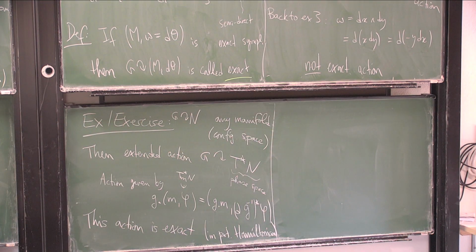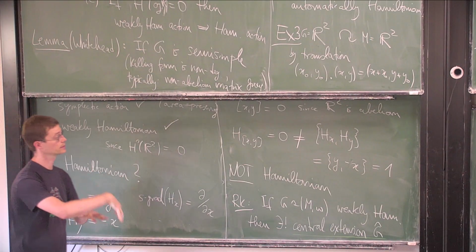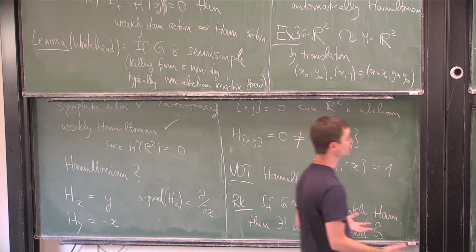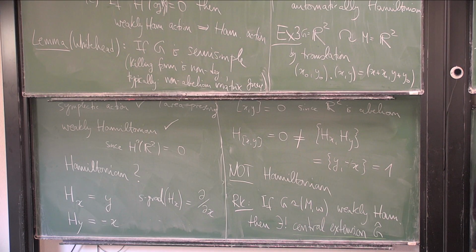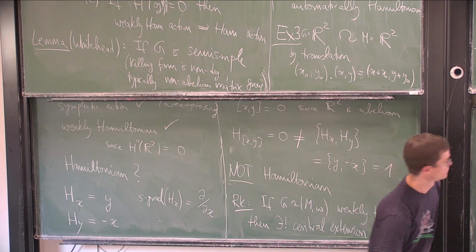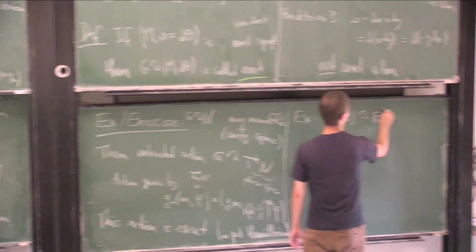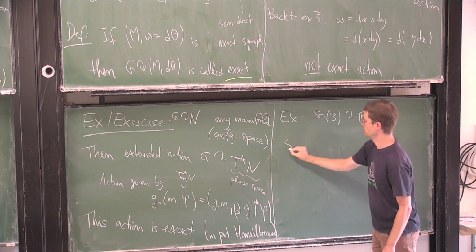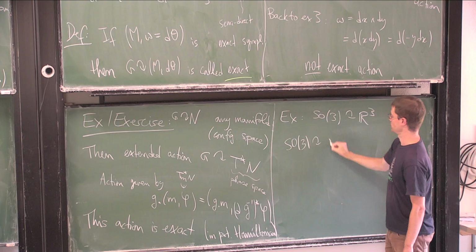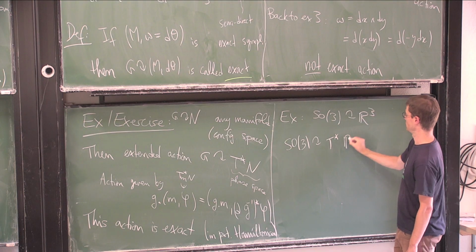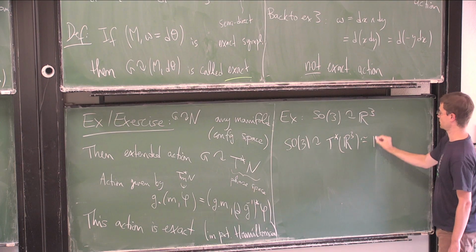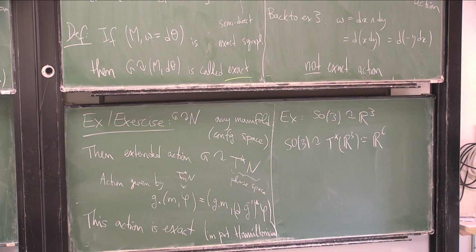For example, if you have a rotationally symmetric system like the hydrogen atom, so SO(3) acting on configuration space, for example SO(3) acting on R^3, and then SO(3) also acts on T*R^3, which is R^6, so you have x, y, z, and the momenta p_x, p_y, p_z.